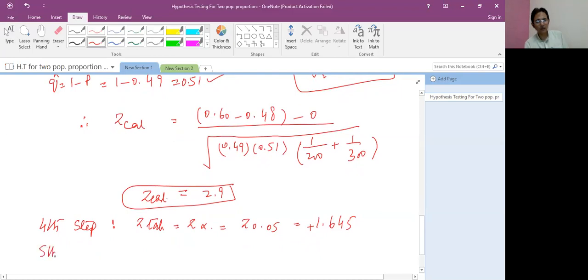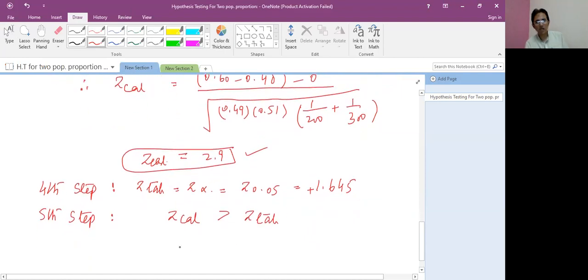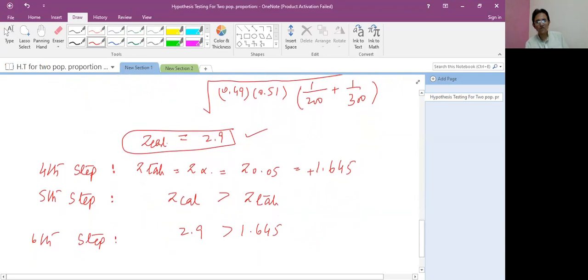Now in the fifth step, 2.9 is greater than 1.645, so Z calculated value is greater than Z tabulated value. Now step number 6: reject H0, accept H1.